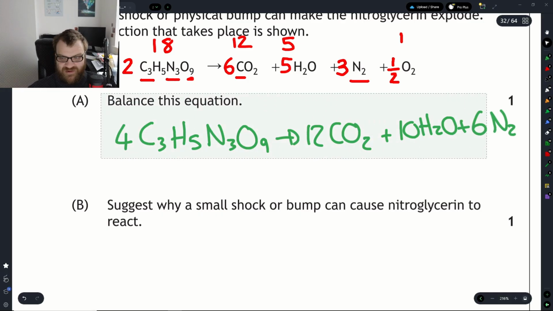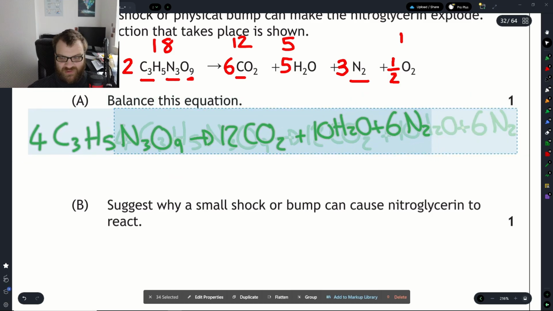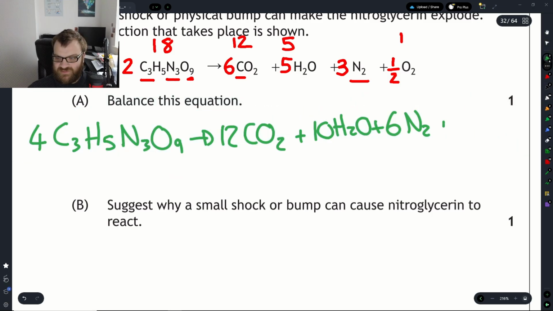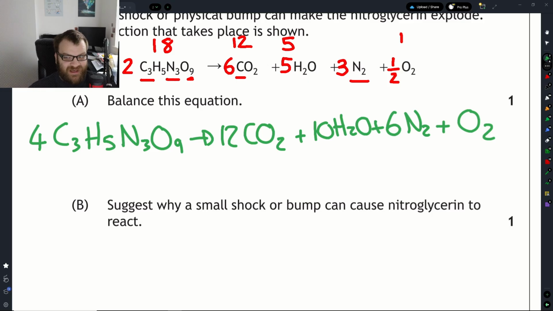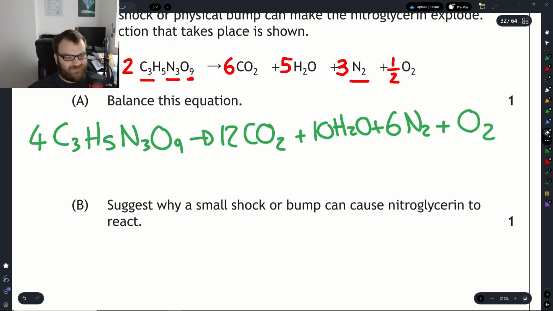Then this time, instead of having half of an O2, you would double that up to give us 1. That would give us the answer there. Personally speaking, I would usually prefer to do the bottom part and have them so they're whole numbers in front of them. Because the numbers are quite big and we've already had to puzzle our way through, in this case I might actually have stuck with the red balancing numbers that I had previously. Because it's a multiple of the correct answer, it'll work out, but you can make your decision as you go.